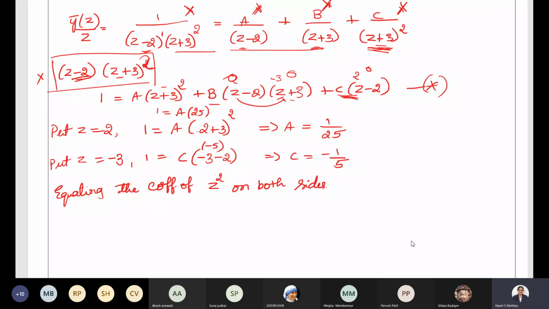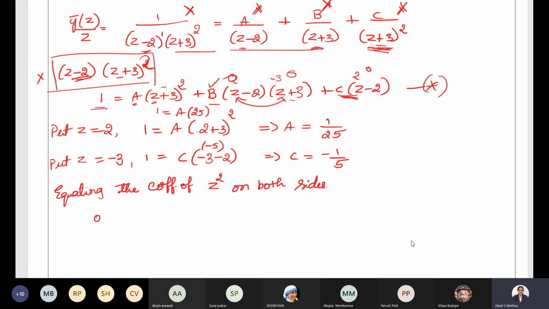When you multiply these two, z into z, so z square, the coefficient of z square is B. Here also, A into (z plus 3) the whole square, z square plus 6z plus 9, so the coefficient of z square will be A. On the left hand side there is only a constant term, there is no z square.